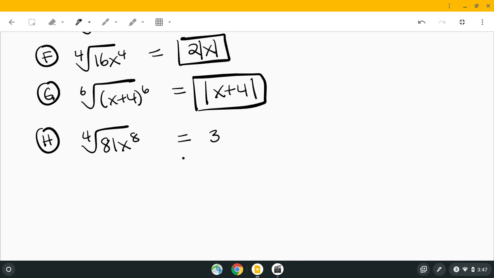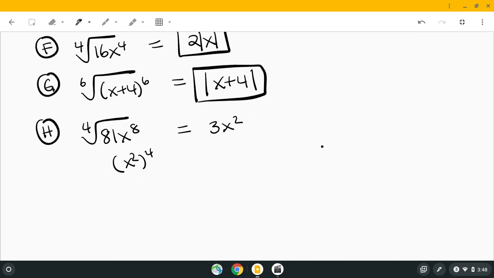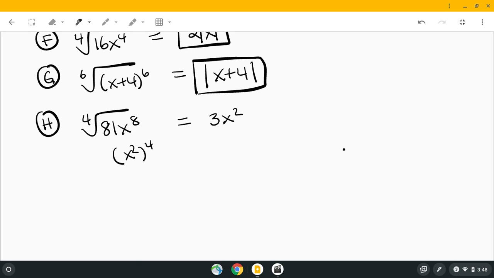But then over here, the x to the eighth, we're trying to figure out how to rewrite that raised to the fourth power. So it's going to be a 2. 2 times 4 is 8. So it's x squared here. So question, we're doing an even root. So do we need the absolute value here? Yes or no?